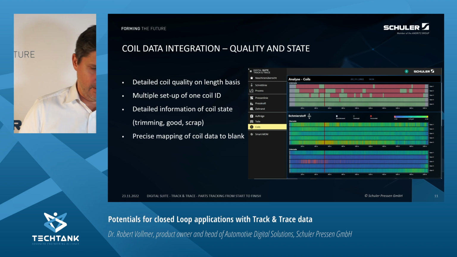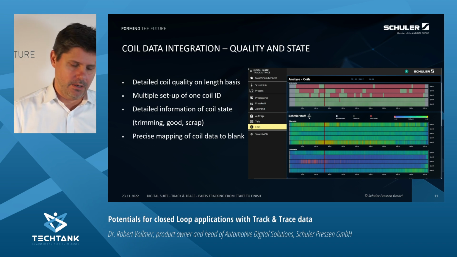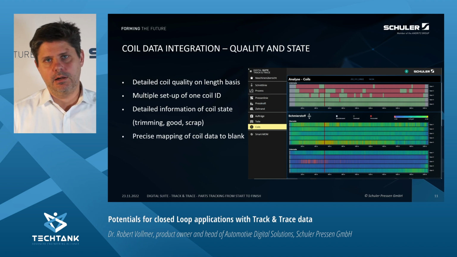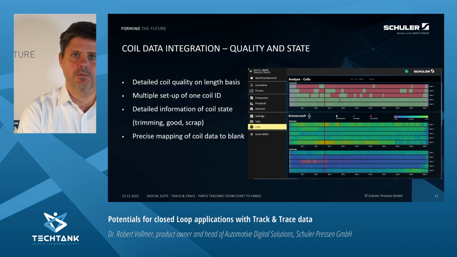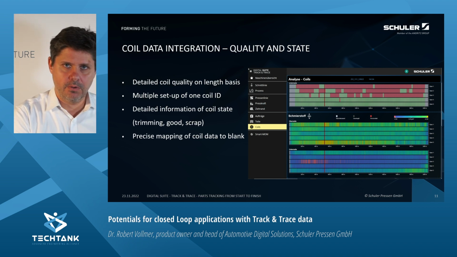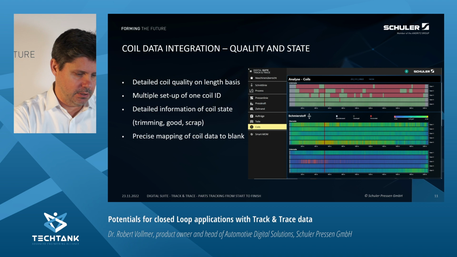At the end, after the measurement, we do a precise mapping of the coil information to the single blanks. So at the end, in the data model, the blank has all the information out of the current meter and has it precisely mapped to the discrete part.